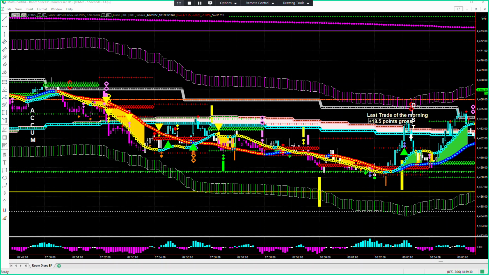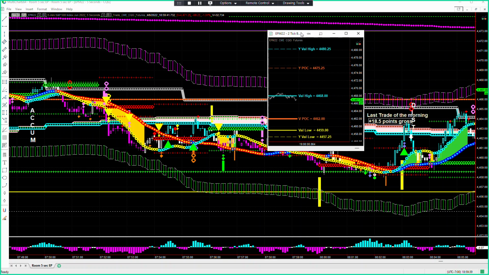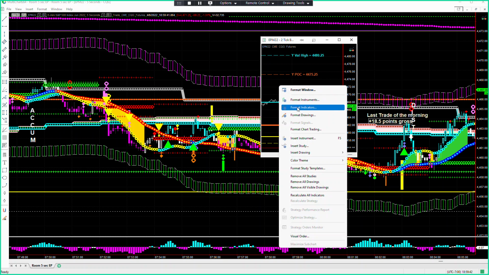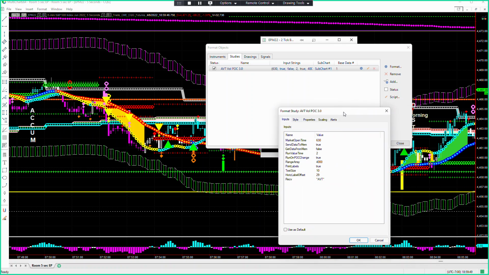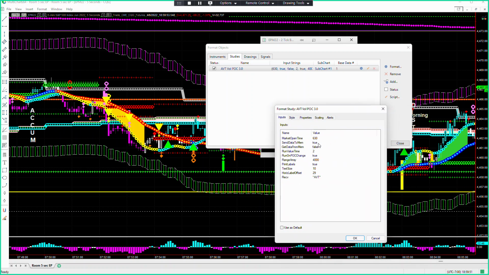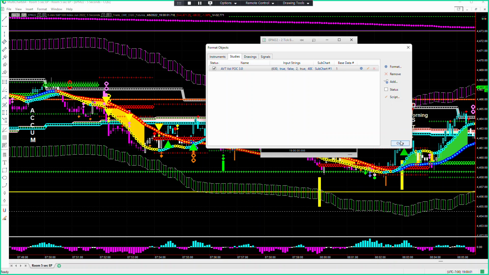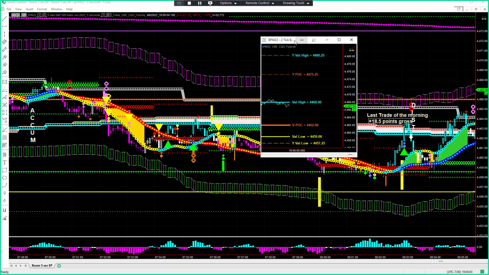Let me drag my 2-tick chart over. Here's my 2-tick chart, and it's not only important, you must have it. On the 2-tick chart, send data must be equal to true, and get data must be equal to false. There are no options there, and that's how the TML sets it up.